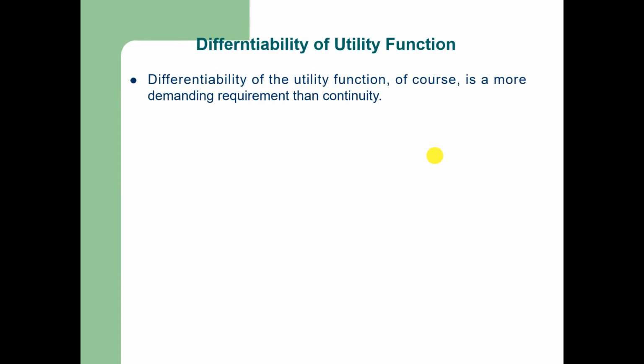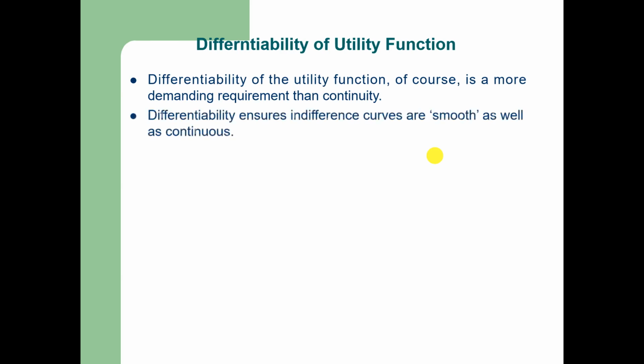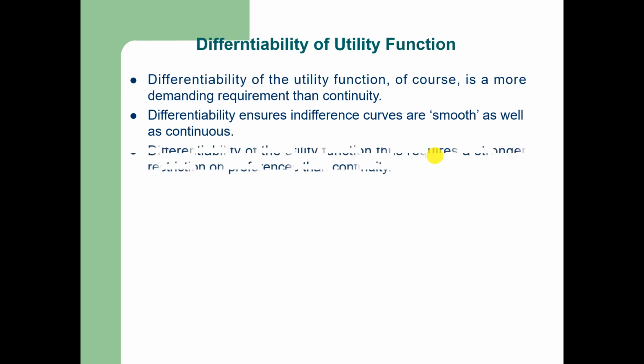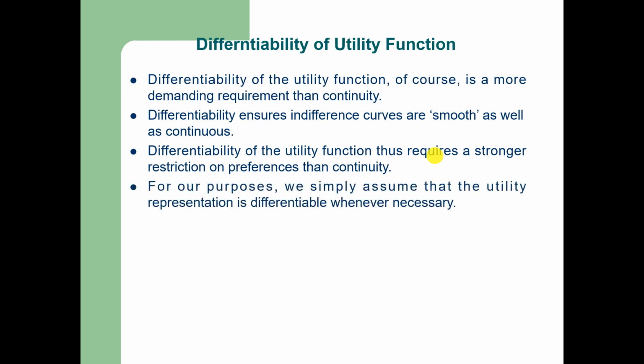Differentiability of the utility function, of course, is a more demanding requirement than continuity. It ensures that indifference curves are smooth as well as continuous. So differentiability is more required than the continuity of the function. Differentiability of the utility function thus requires a stronger restriction on preferences than continuity.